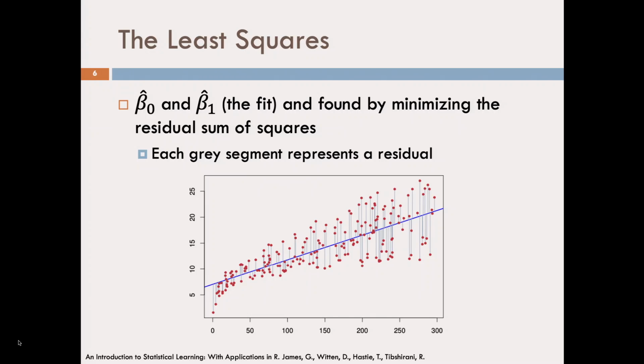What we have here are the points of our sample, the red points, and these gray lines are the errors between the induced model line and the true points of my sample. So what we have to find is this line here.